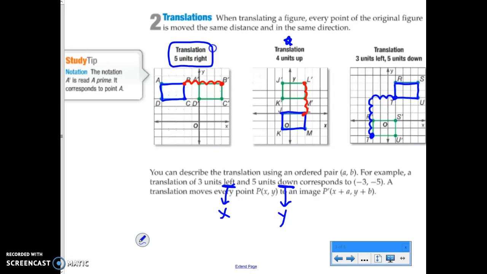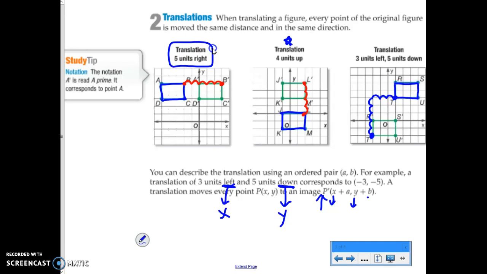It says a translation moves every point P (x, y) to the new image. We call this P prime. It's whatever that original x coordinate was, plus a, and then whatever that y coordinate was, plus b, however many points they tell you to move up or down.